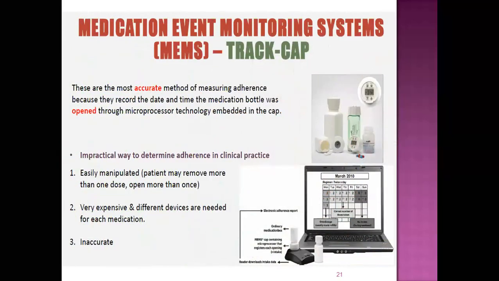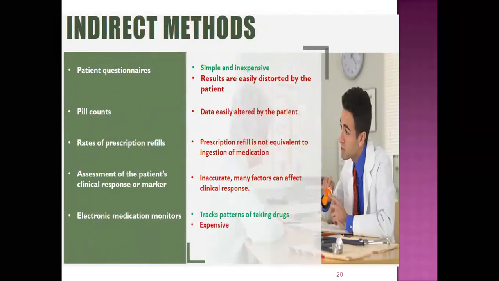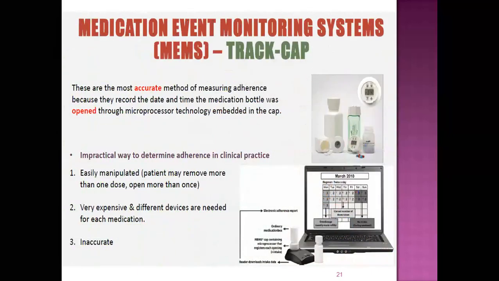This type of monitoring is done with the help of electronic devices. This is one example of the last method of indirect measurement of medication, that is electronic medication monitoring. One example is TrackCap, the medication event monitoring system.